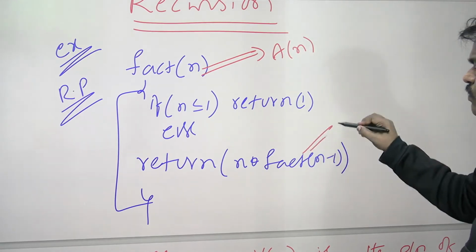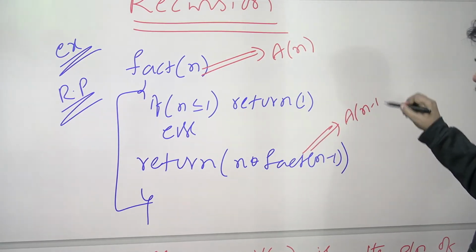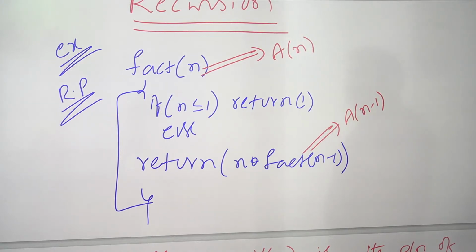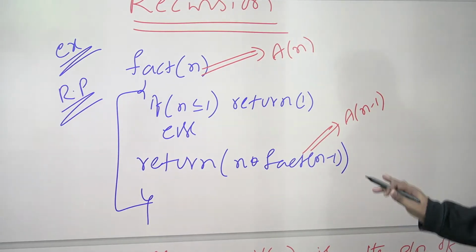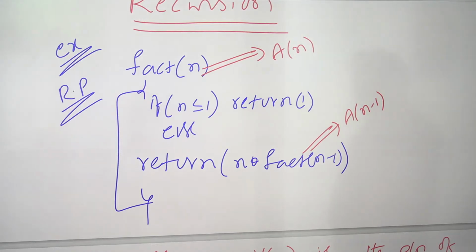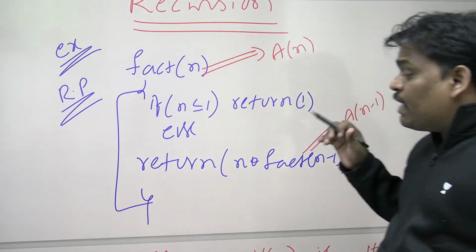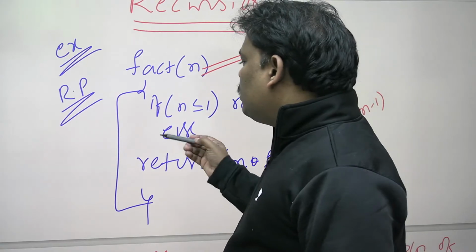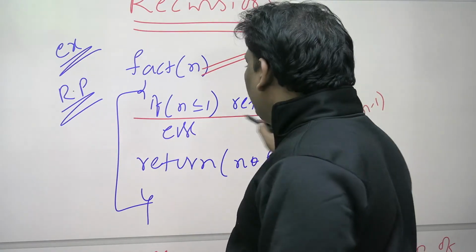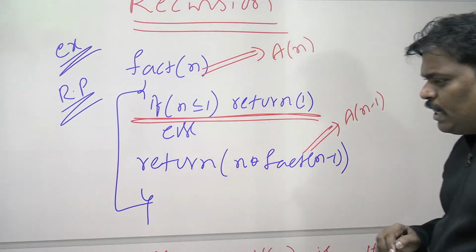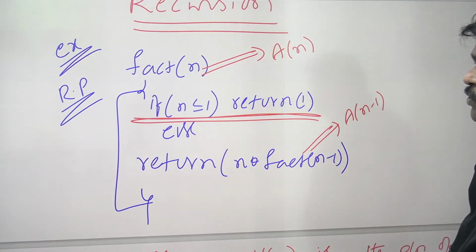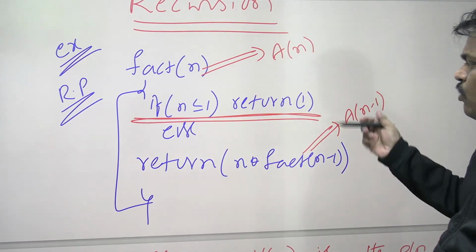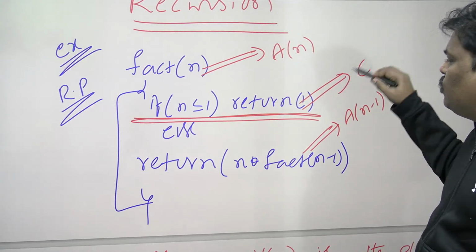Fact of n minus 1 has number of additions A of n minus 1. That is okay. Recursion is always the same. Only the names differ. But your concentration is on addition. In the if condition, do you see a plus operator anywhere? No. So the number of additions in this line is 0.